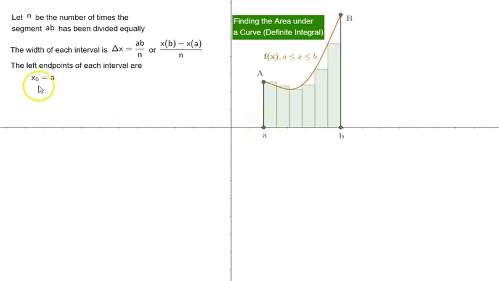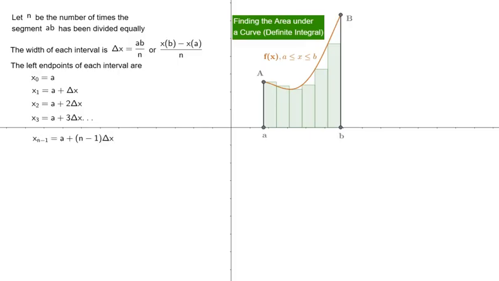So A is x naught, the endpoint of the second rectangle on the x-axis is A plus delta x. Remember, this distance is nothing but A. x2, that is this point, is what? A plus 2 delta x. This point is A plus 3 delta x, and so on.